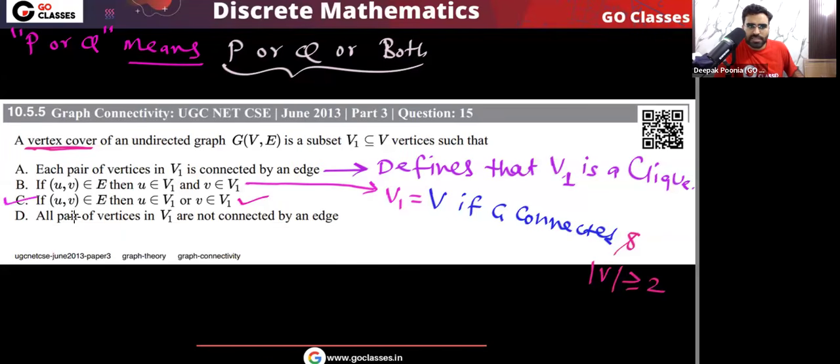Option C is correct, that we already have seen. What about option D? All the pairs of vertices in V1 are not connected by an edge. Means in this V1, every two vertices are non-adjacent. So option D actually defines that V1 is an independent set.